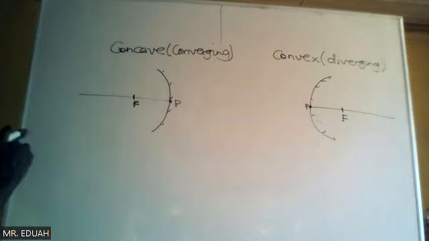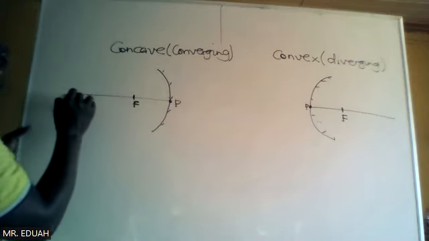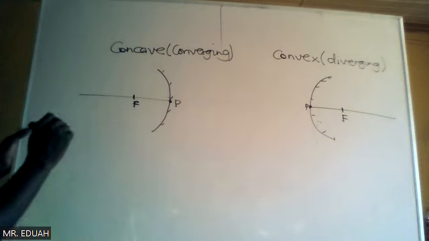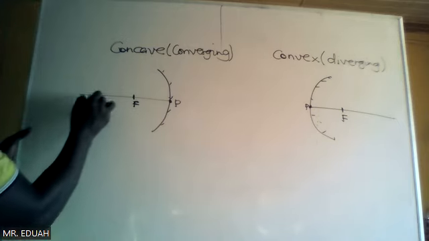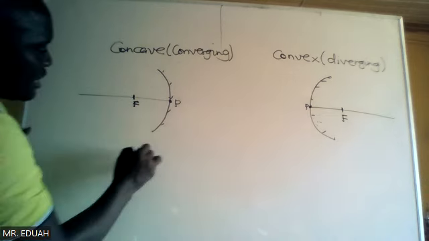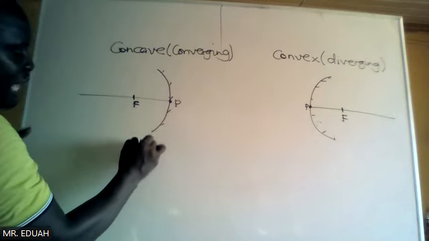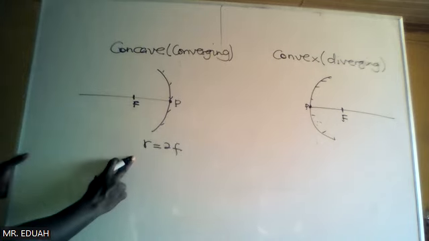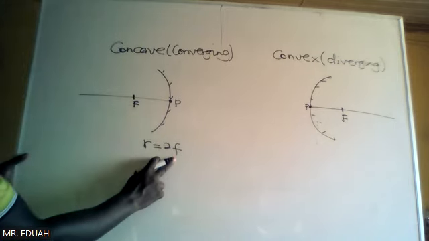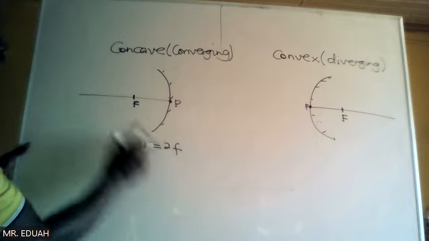Now a point where rays that are incident on the mirror perpendicularly converge after reflection. But in drawing so, you do not forget R is equal to 2F, where R is the radius of curvature, F is the focal length.